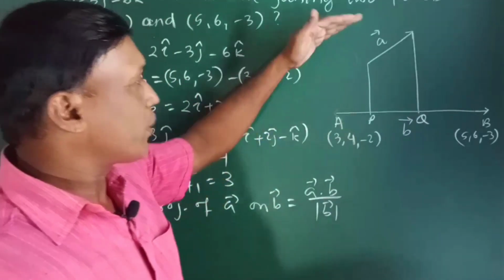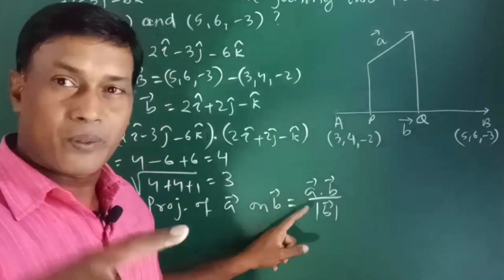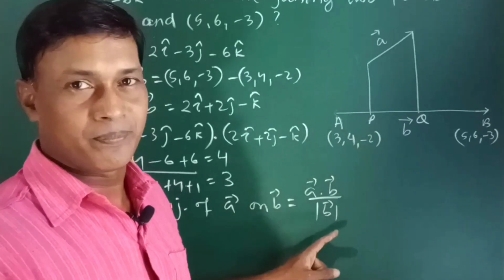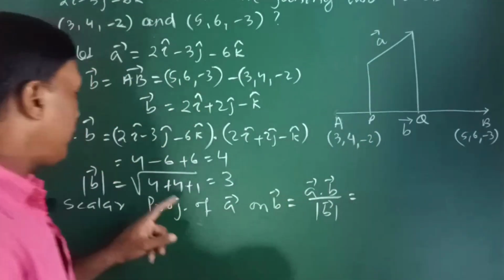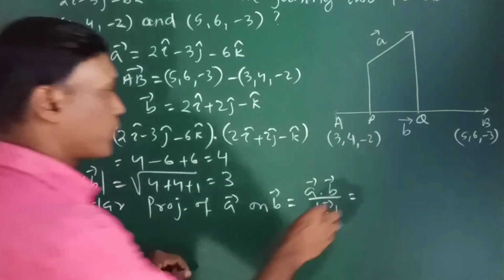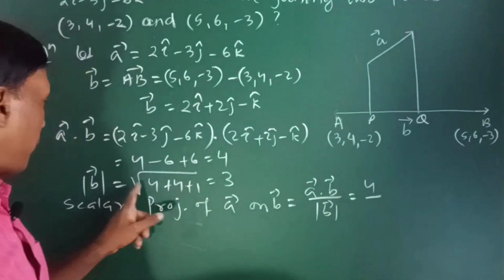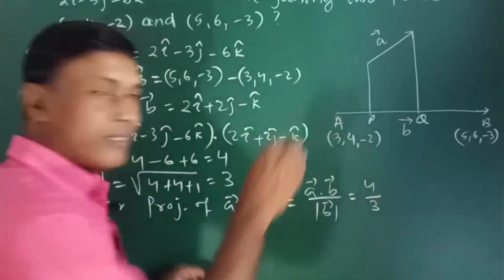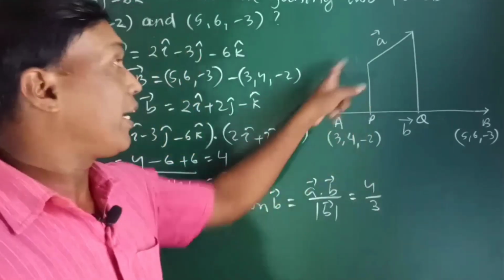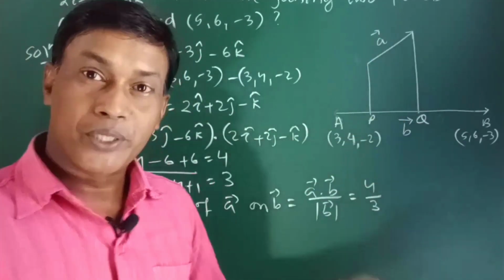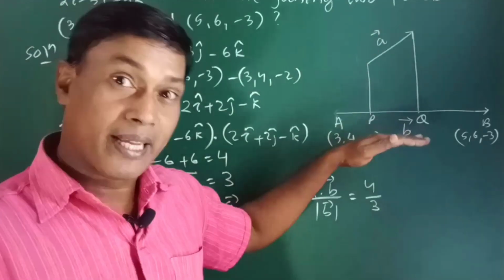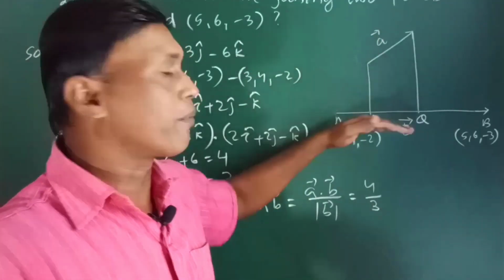Here the projection is on B vector, so you have to divide by the magnitude of B vector. A dot B here is 4, and the magnitude of B is 3. So this is the projection of A vector on B vector.